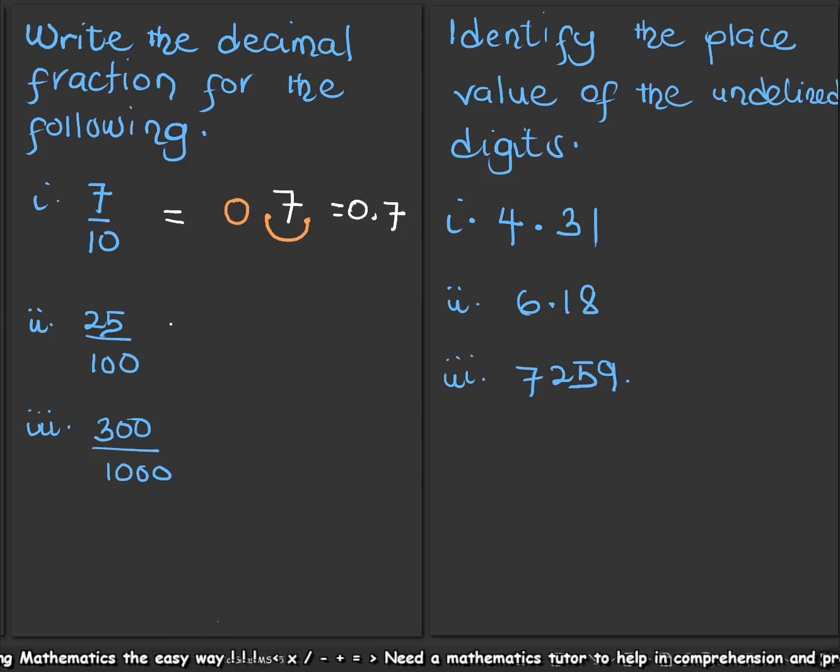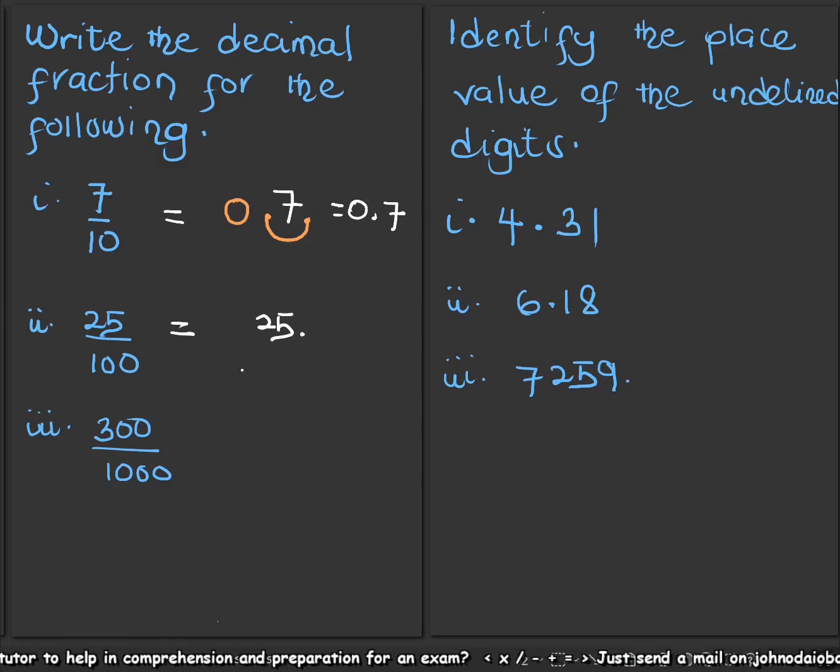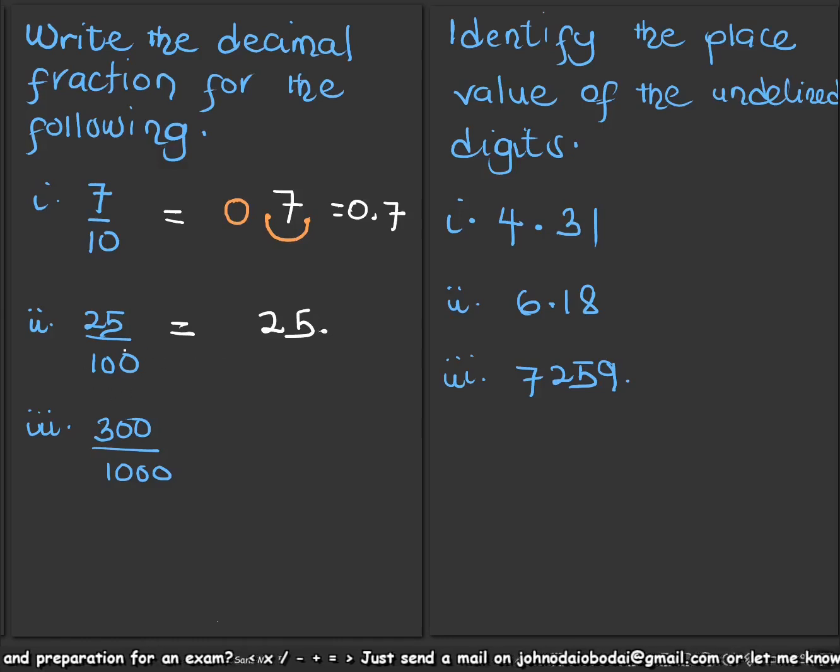Let's try 25 over 100. You first of all write your 25 down, and you put the decimal point in front of it. After putting your decimal point in front of it, you now move it the number of zeros you have over here. So with this, we have 2 zeros.